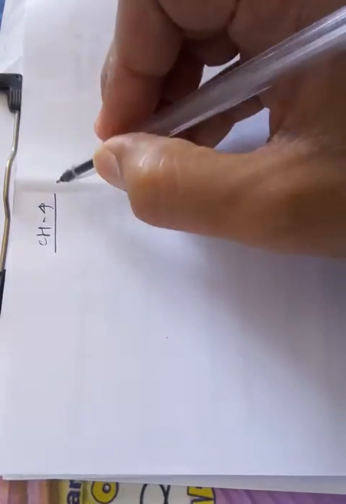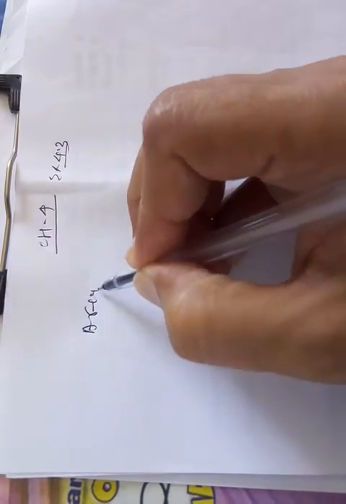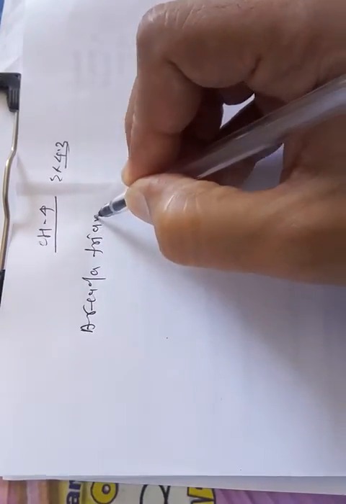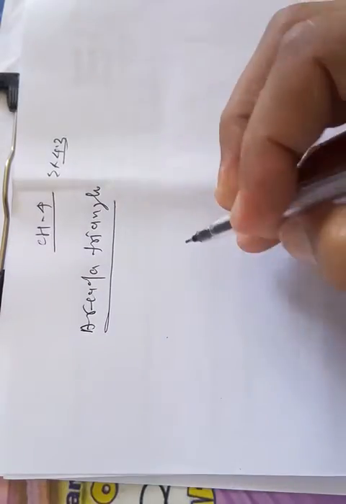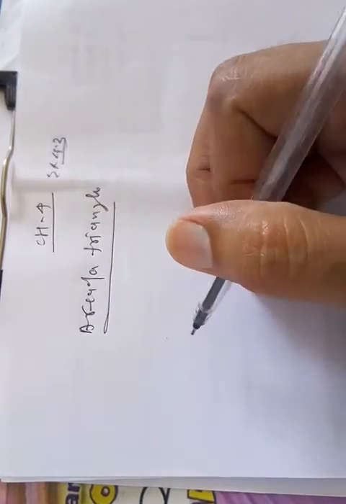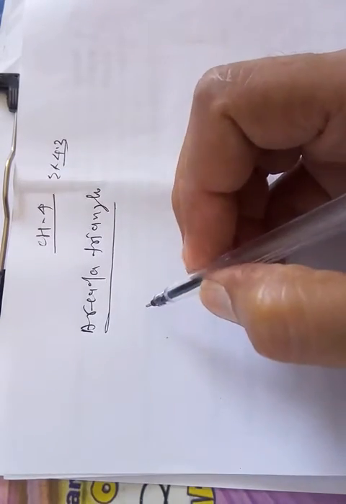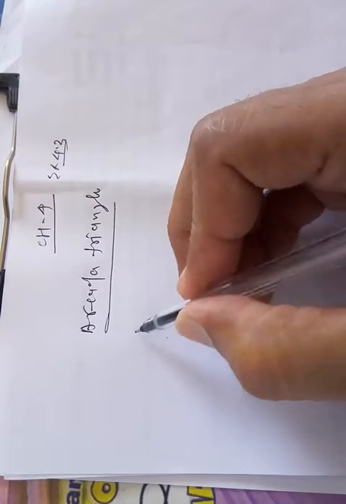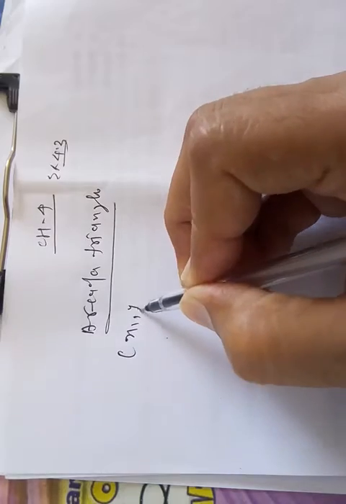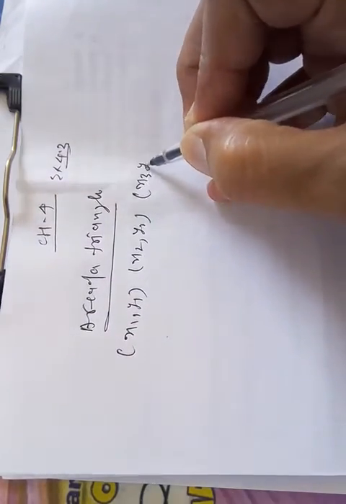Exercise 4.3, Area of a triangle. You already studied in earlier classes the area of a triangle whose three vertices are (x1, y1), (x2, y2), (x3, y3).